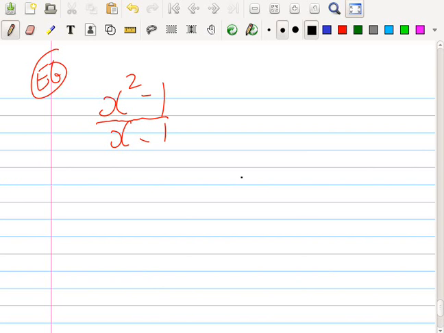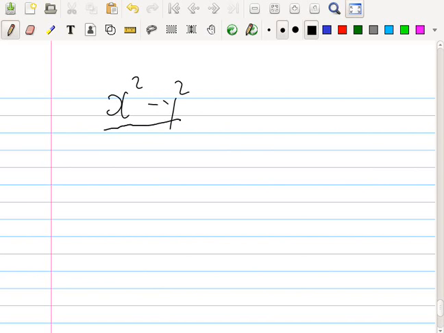So for example, actually maybe I'll do a more difficult one, like in C, where you have x squared minus y squared all over x minus y. And in fact, long division will work here as well. So let's have a look here.